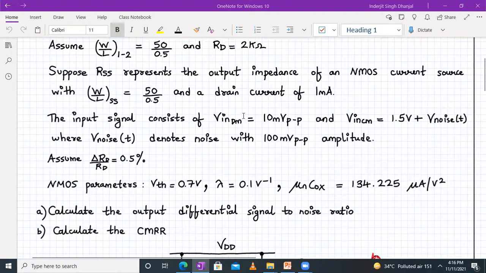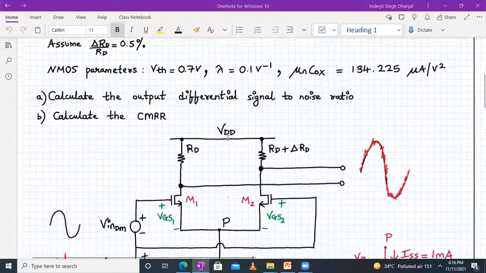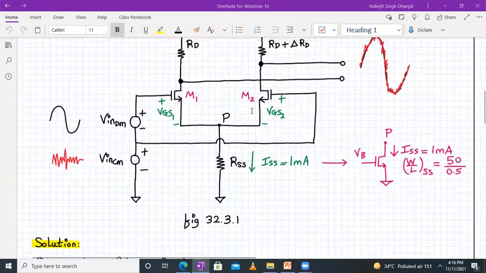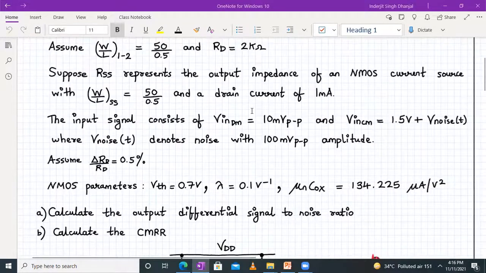Now they have given one statement: suppose RSS represents the output impedance of an NMOS current source with W by L of SS as 50 divided by 0.5. So your RSS is represented by a current source implemented by a transistor whose W by L ratio is 50 divided by 0.5.